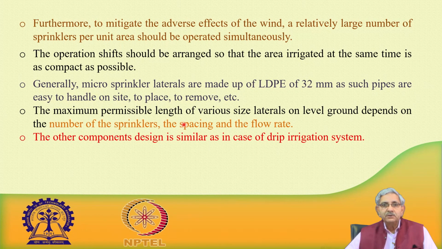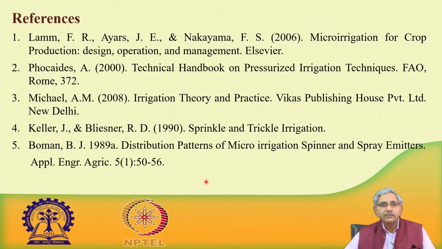The maximum possible length of the various sizes of lateral on ground level depends on the number of sprinklers, the spacing and the flow rate. Other component design is similar to what we discussed in the case of the drip irrigation system.